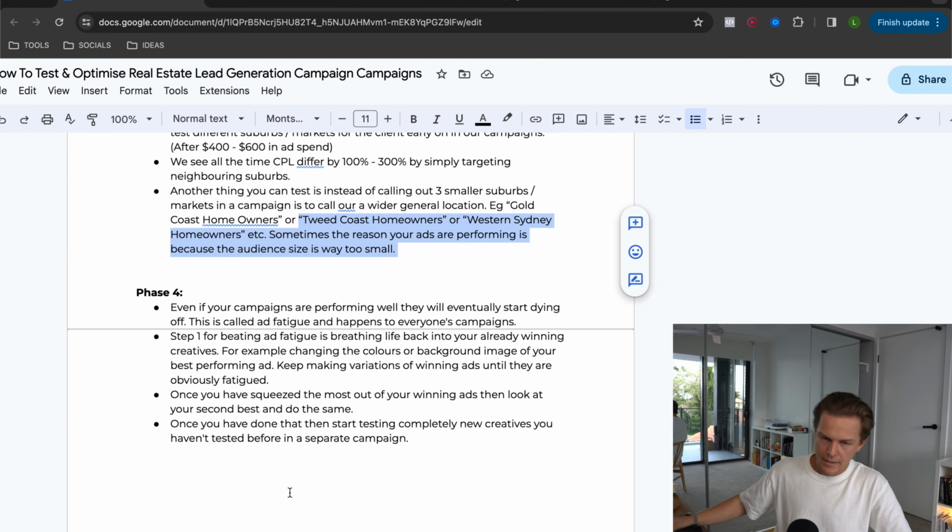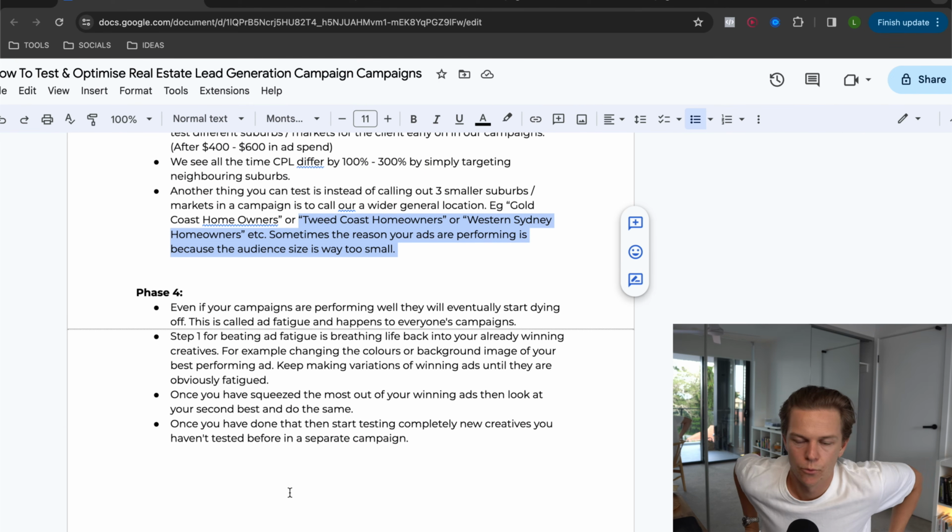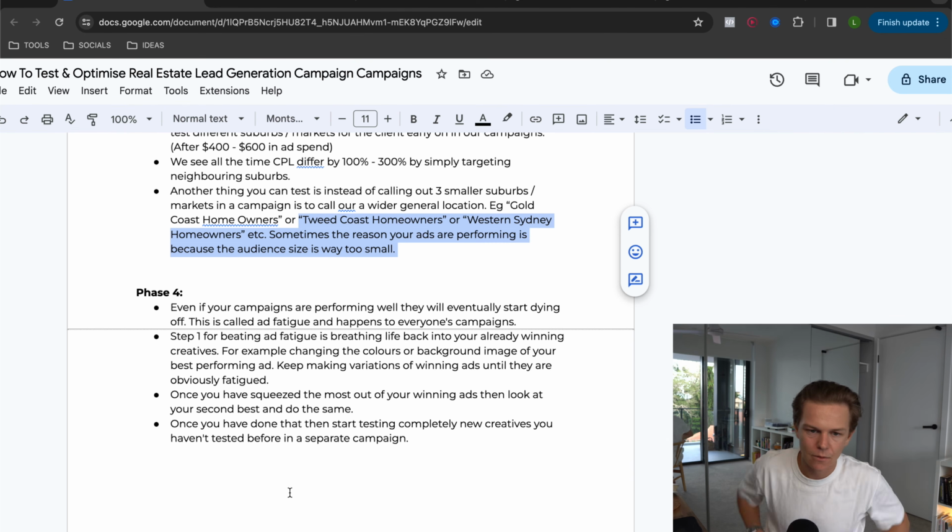Cool. Phase 4, this is essentially where any campaign is going to end up. If your campaign's performing well, it's eventually going to start dying off. This is called ad fatigue, and this will happen to everyone's campaigns. Advertising in the local business lead gen space is very different to e-commerce advertising, where we're always targeting entire countries, essentially, or multiple countries and audiences of millions and millions of people.